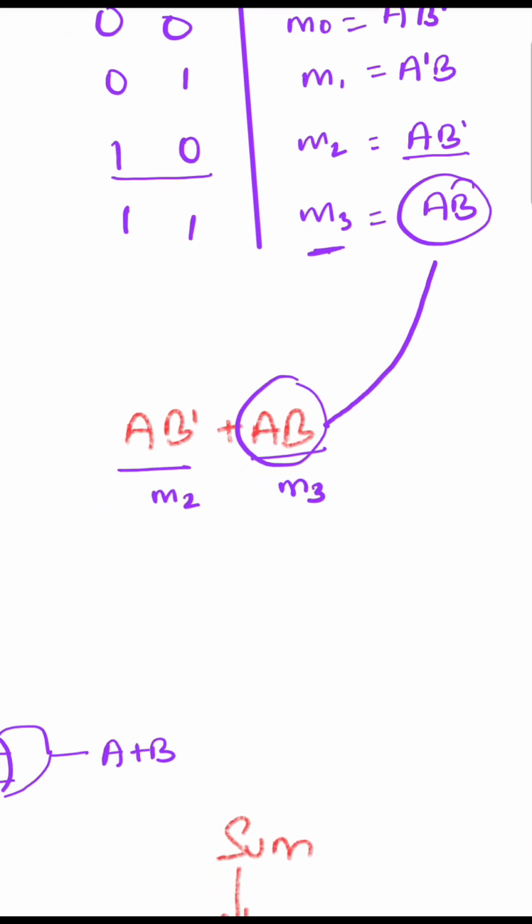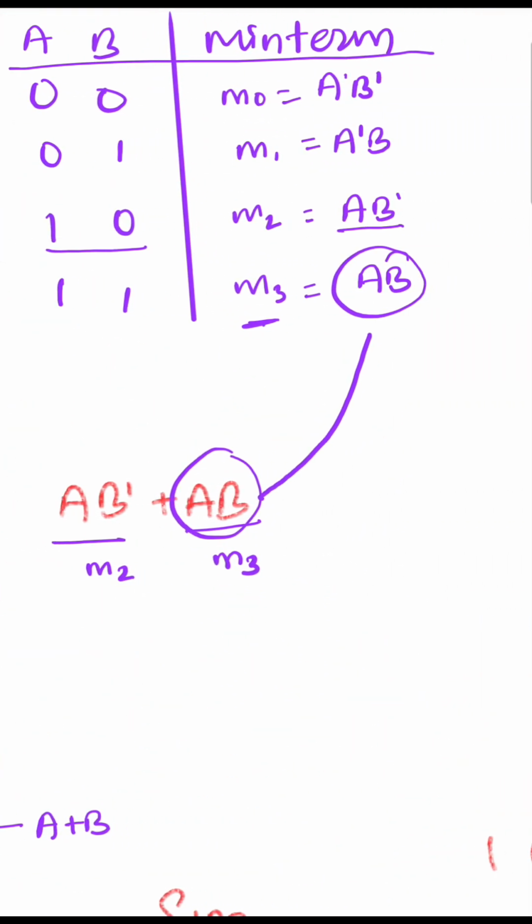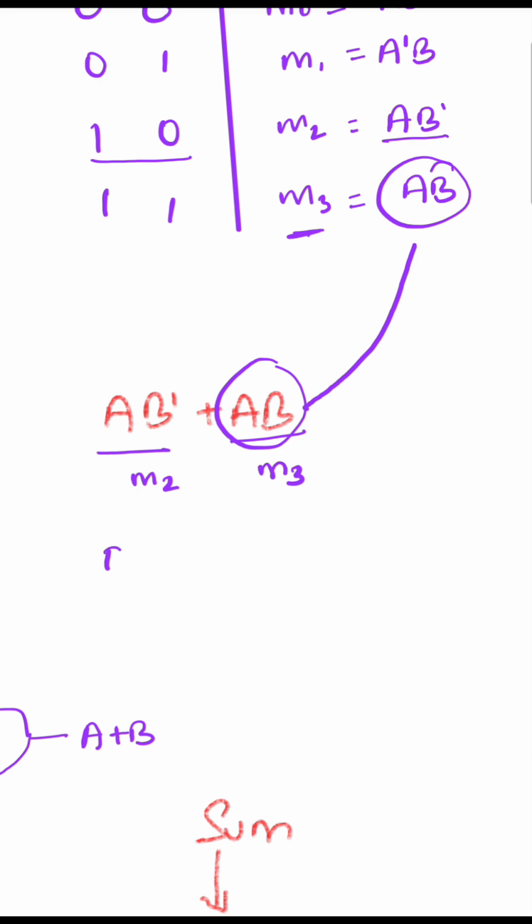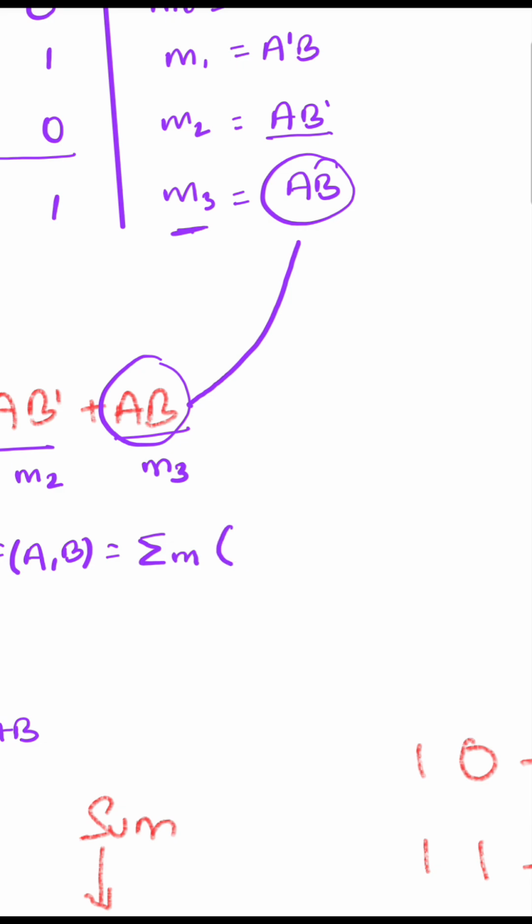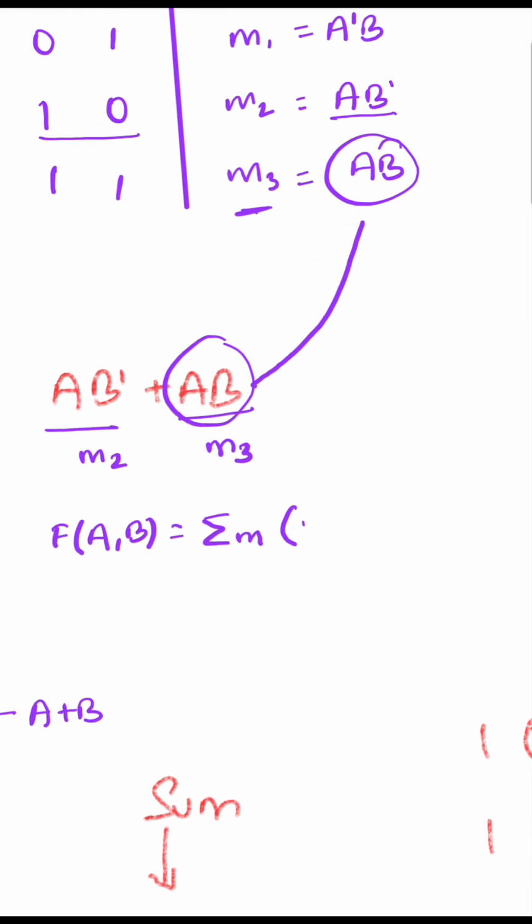So generally we represent this circuit by, if the output is F, and the variables used are A comma B, we can write minterms as summation small m and the corresponding values 2 comma 3.